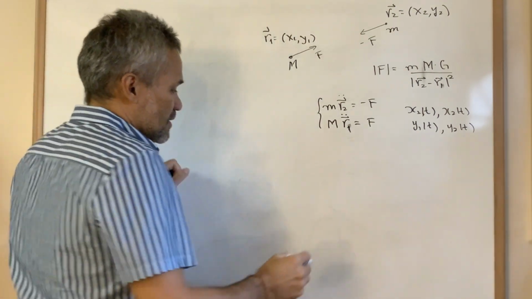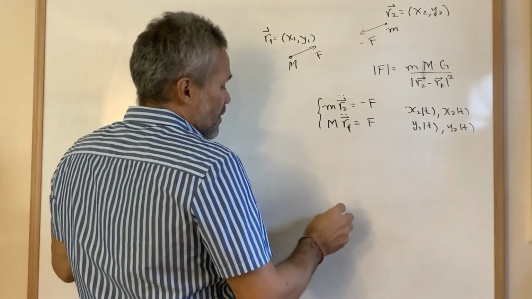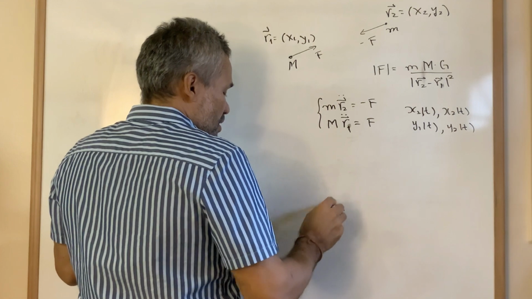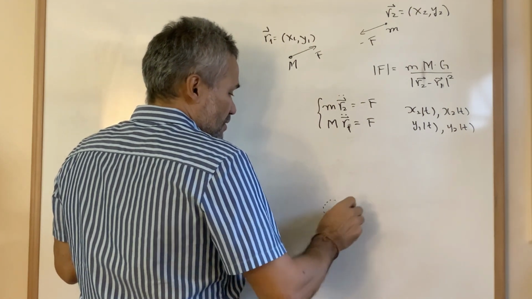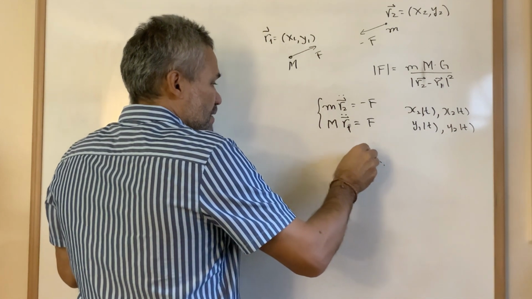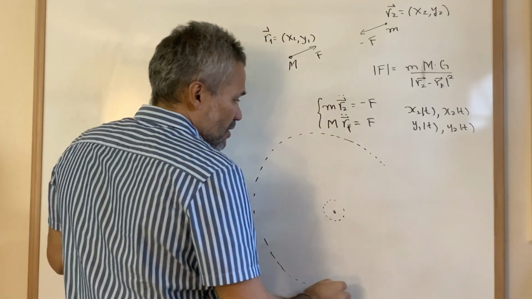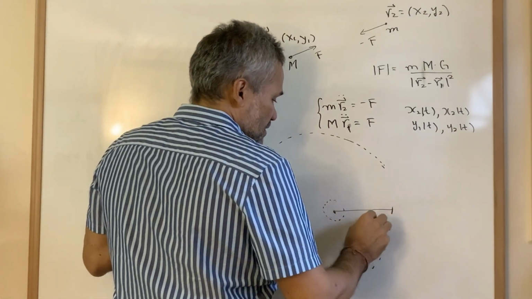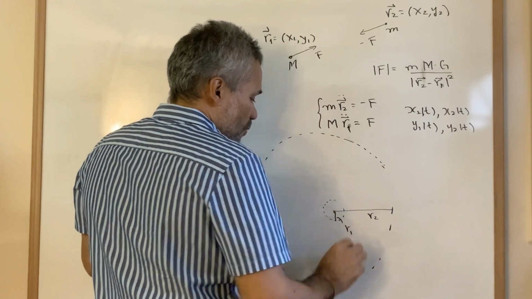A solution that maybe is the easiest is the one in which the two bodies move in a circle. The body with mass capital M moves in this circle, and the other body with mass little m moves in a circle also. This radius is R2, this radius is R1.